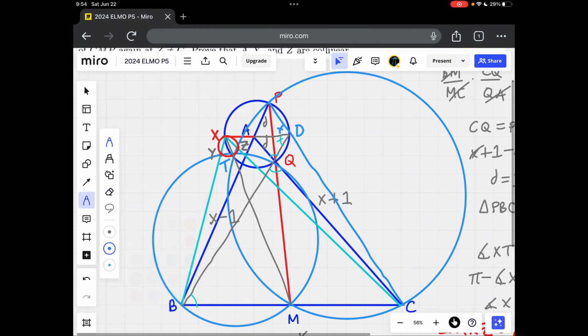So now we know that AX is tangent, but that actually implies that AT is tangent as well, because AX and AT are the same length. And since they're the same length, if one is tangent, so is the other. So both AX and AT are tangents to the circumcircle of XYZ.